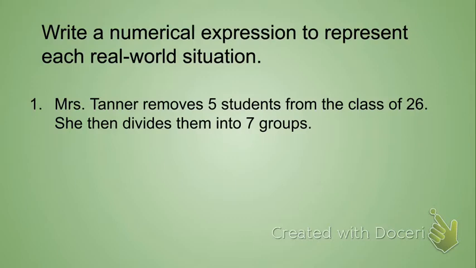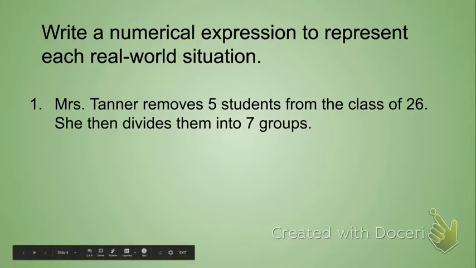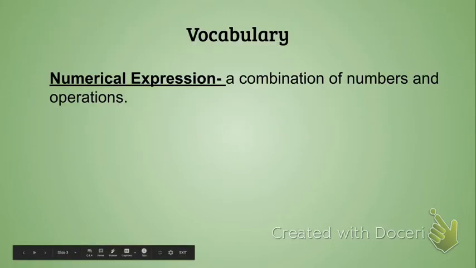A numerical expression can be as simple as, whoopsies, I hit the wrong button there. Let's back it up. All right, let's try that again. A numerical expression can be as simple as 2 plus 1, that's a numerical expression. And we talked about something a little more complex, like we talked about yesterday with order of operations.